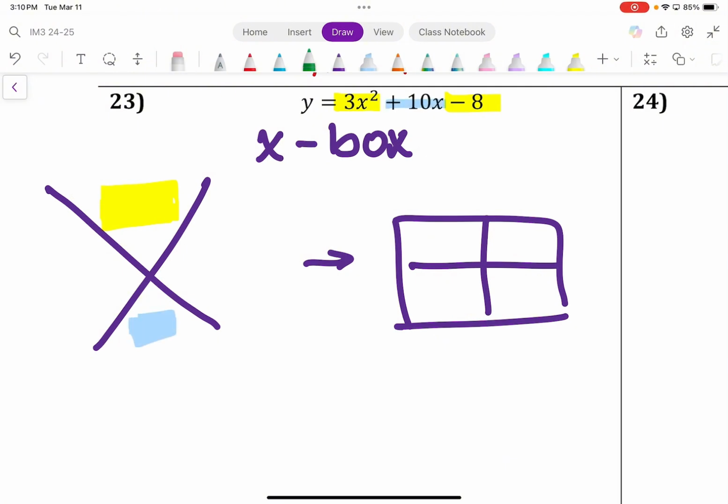What's 3 times negative 8? Negative 24x squared on top, with a positive 10x underneath. Two numbers that multiply to negative 24 and add to 10 are not 6 and 4, because they add to 10 but don't multiply to negative 24. It's 12 and negative 2.